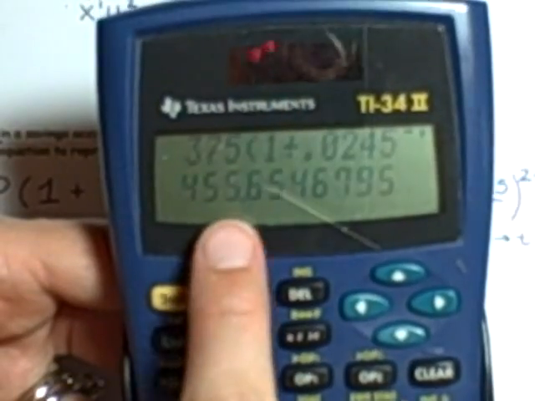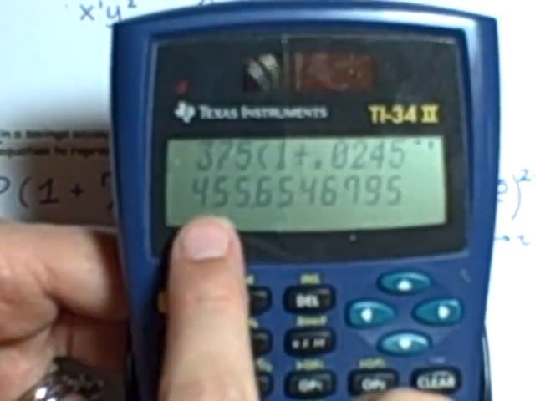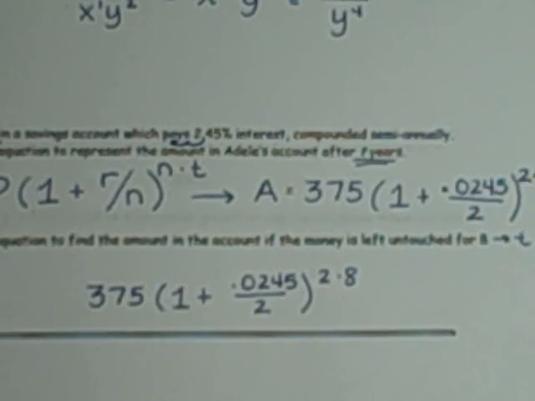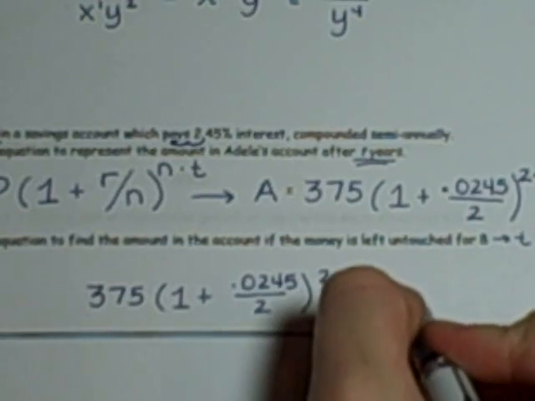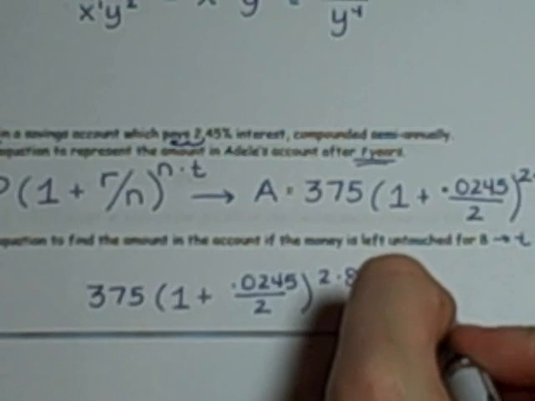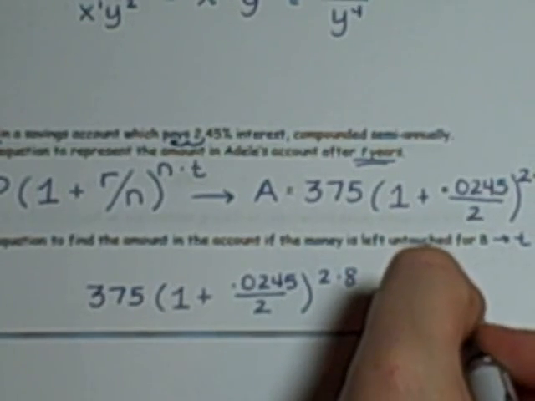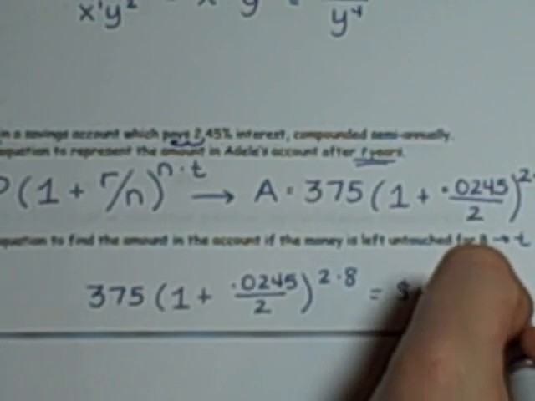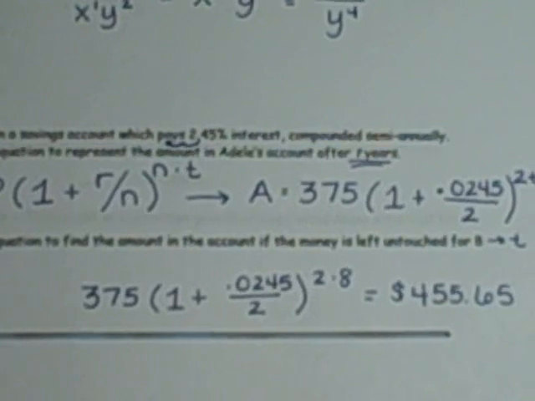And remember, this is money, so we're going to round to 2 decimal places. That would be $455.65. And that's it for compound interest.